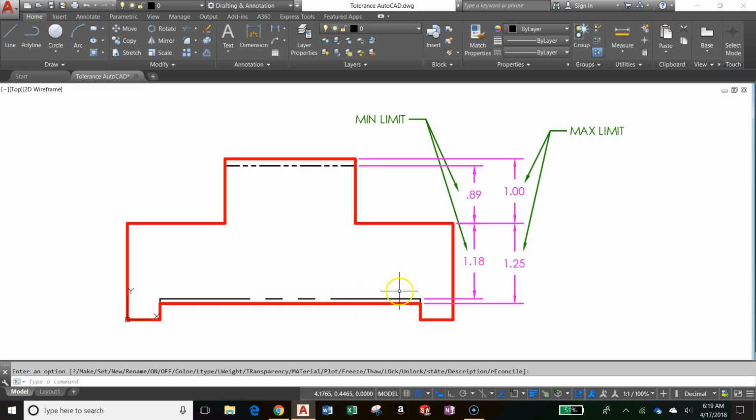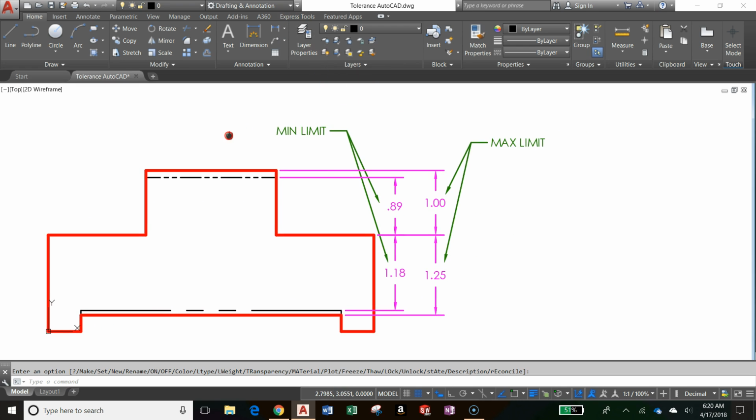And this feature right here would be allowed to be this much larger, since we're taking away material because of this minimum limit right here. This edge or this edge can lie anywhere between this region or this range. It can lie anywhere in between this region or range.